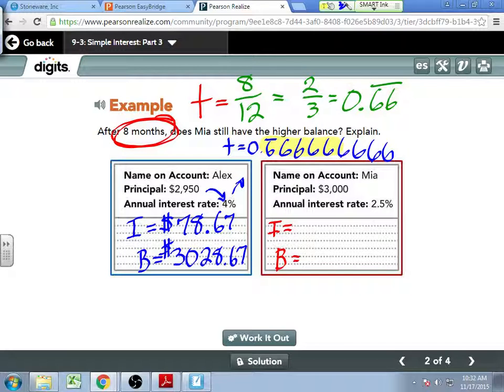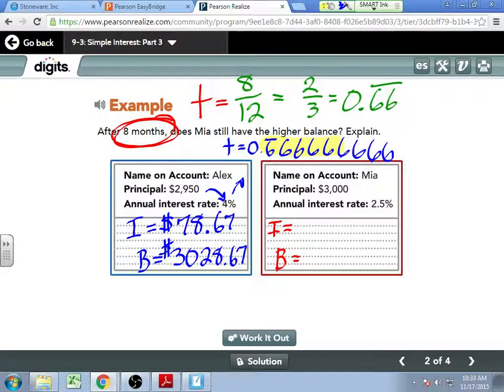The 6 in the hundredths place is really important, and the 6 in the thousandths place is pretty darn important. The 6 in the 10,000ths place is a little less important. When I typed in times 0.66666, I just punched a few of them because I knew it was repeating. Or you use the fraction 2/3.